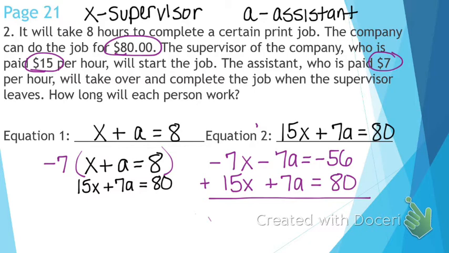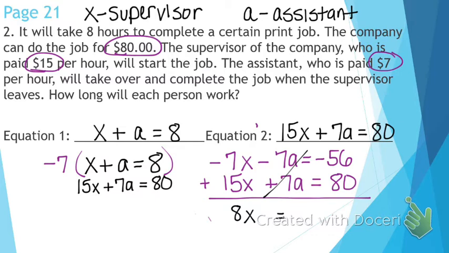So this is my new top equation. Then I just rewrote the second equation right below it. So let's add these two equations together. Negative 7 plus 15 is 8. Negative 56, and this cancels, which is what I wanted, because negative 7 plus 7 is 0.